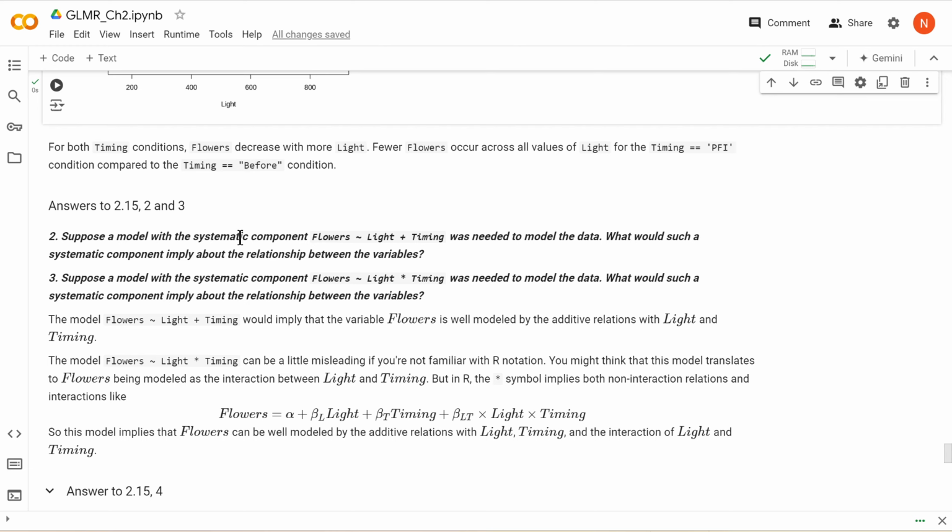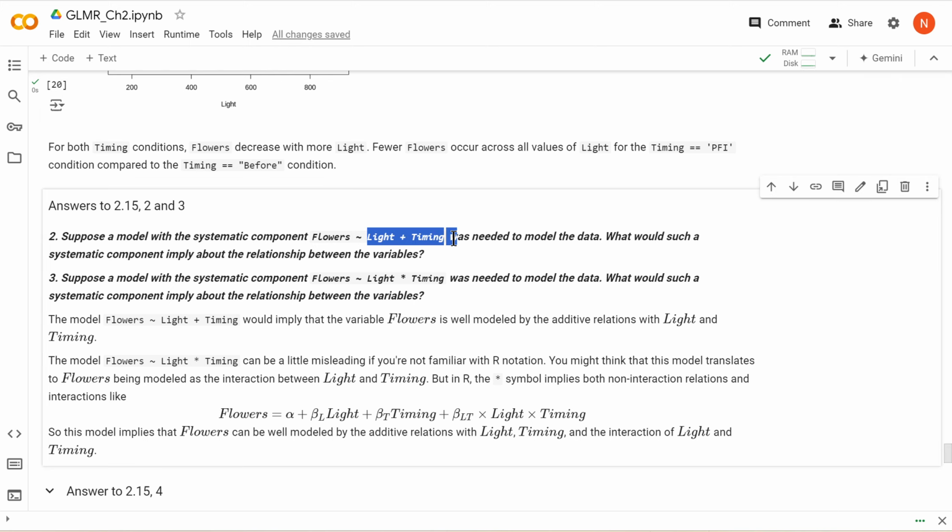So we are going to create models with a systematic component where we have 2 main effects, light and timing. Okay. And then another one where we have light times timing. Okay, so I'll talk about both of these. And in both instances, we are meant to discuss what such a systematic component implies about the relationship between the variables.